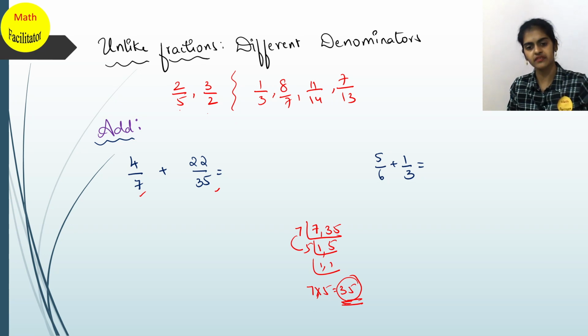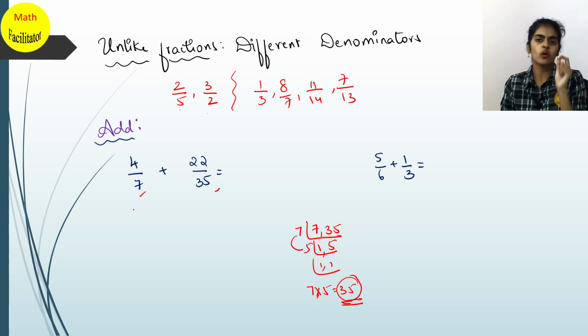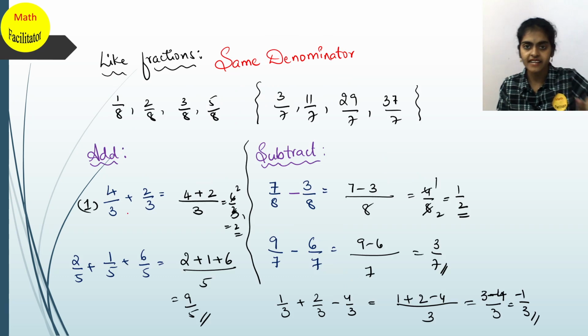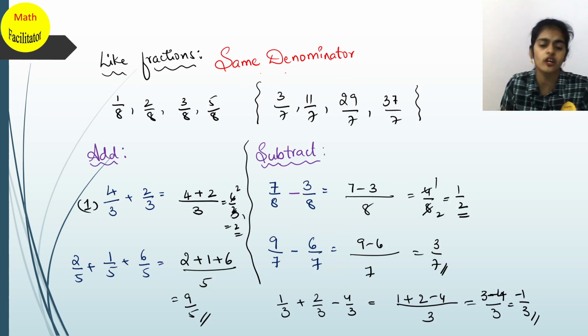So how am I converting an unlike fraction to a like fraction? With the help of the LCM I am converting. Okay, so here LCM is 35. Now go back to the first fraction. This is the first fraction, 4 by 7. In 4 by 7, denominator is what? Denominator is 7. So in a like fraction, what do you have? You have same denominator.